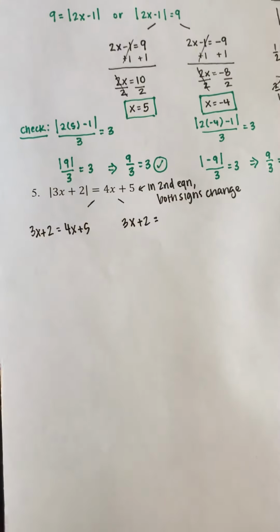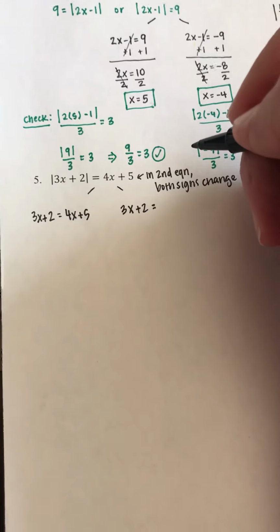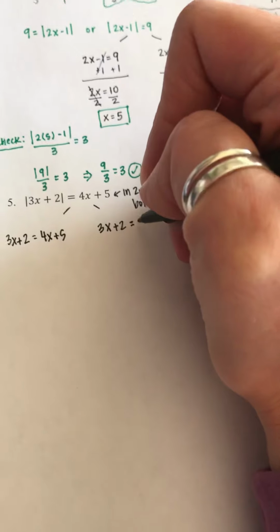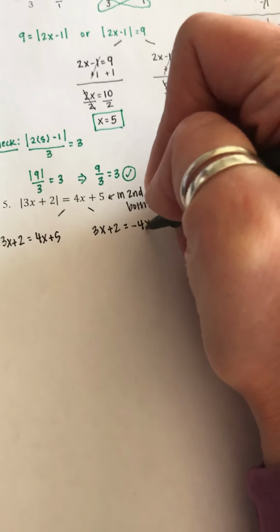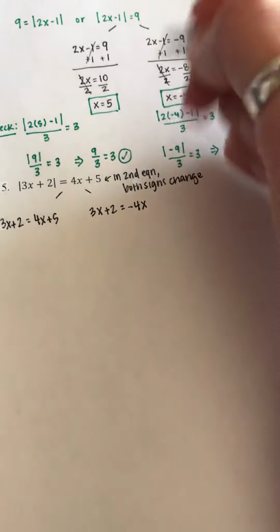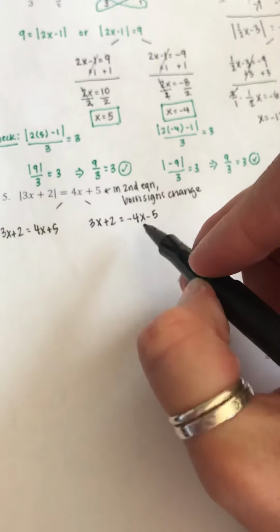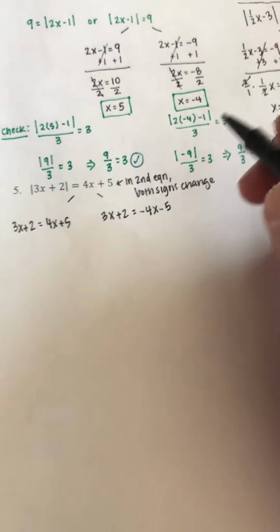But on the other side, just the same way that we took the opposite of 9 in the earlier equation, we're going to take the opposite of 4x, which is negative 4x, and we're going to take the opposite of positive 5. So it's going to be negative 5. So in your second equation, both of your signs need to be opposite.